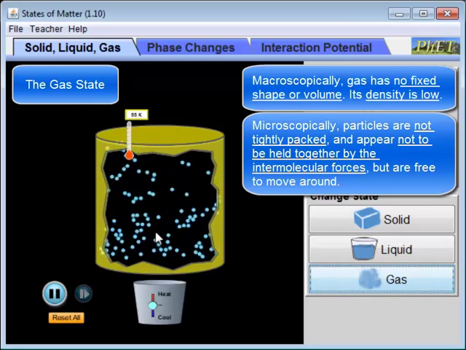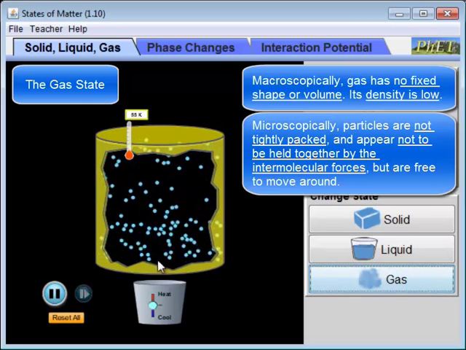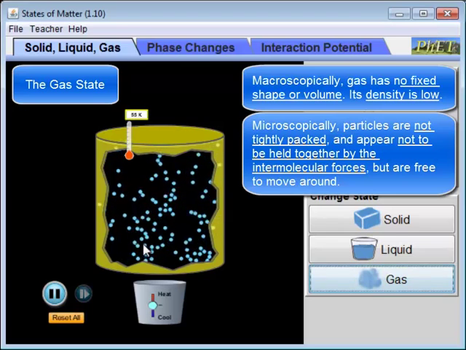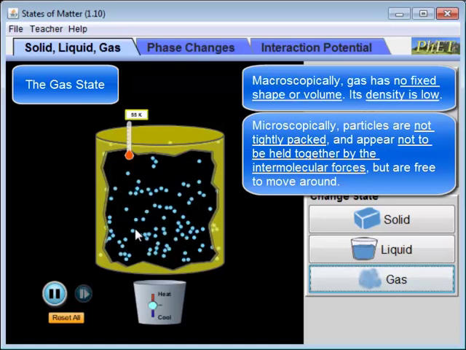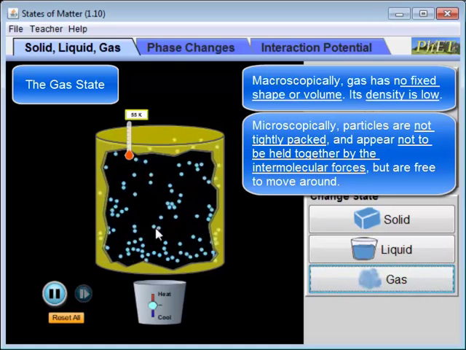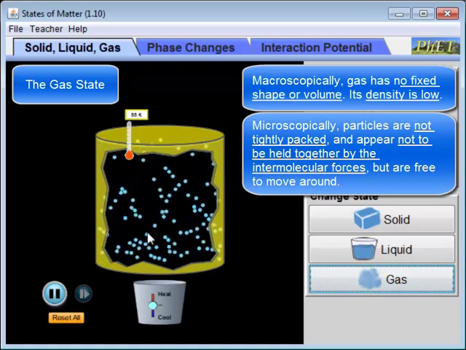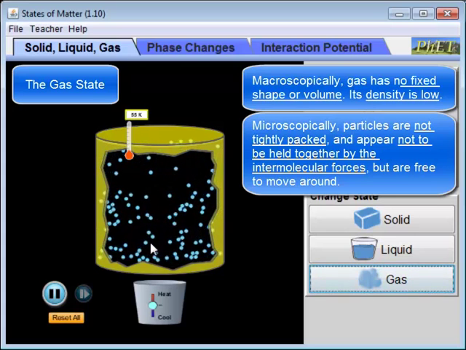The individual particles no longer exert as much force because the particles' average separation is much bigger. There is one time when they do exert a force on each other, and that's during collisions.